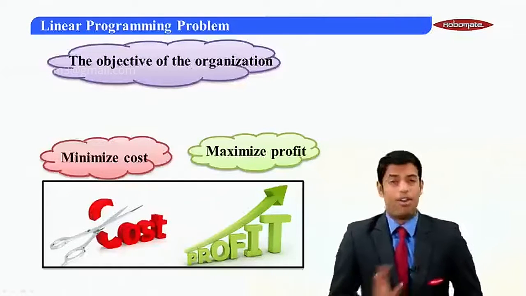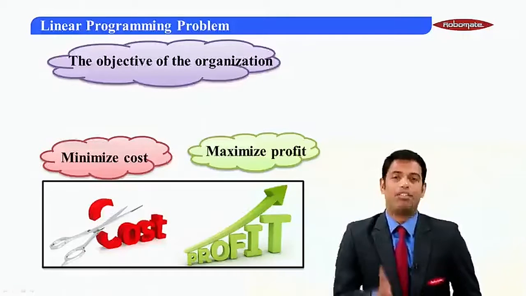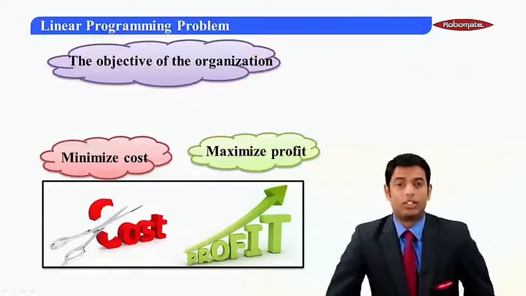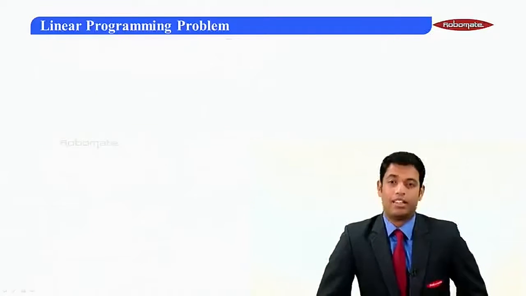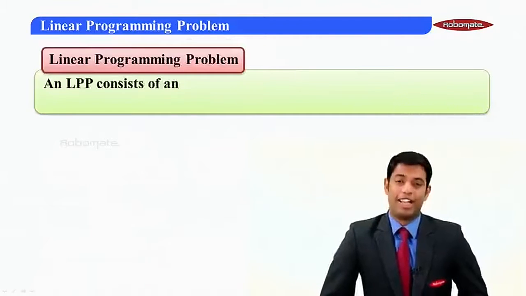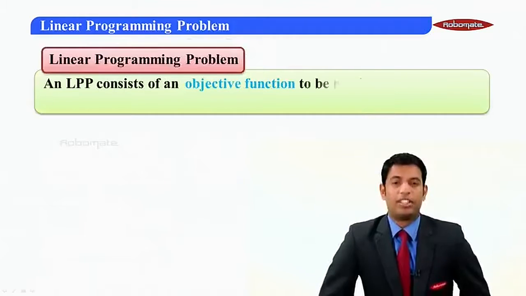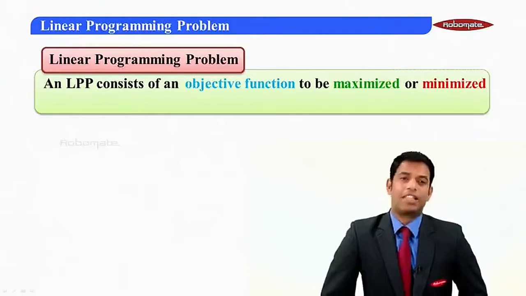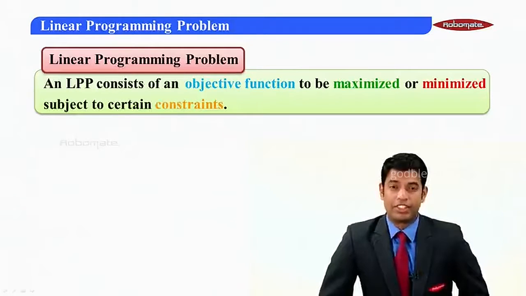And keeping all this in mind, we'll see how exactly LPP fits in this situation. So how exactly is LPP or linear programming problem defined? A linear programming problem or an LPP consists of an objective function to be maximized or minimized subject to certain constraints.